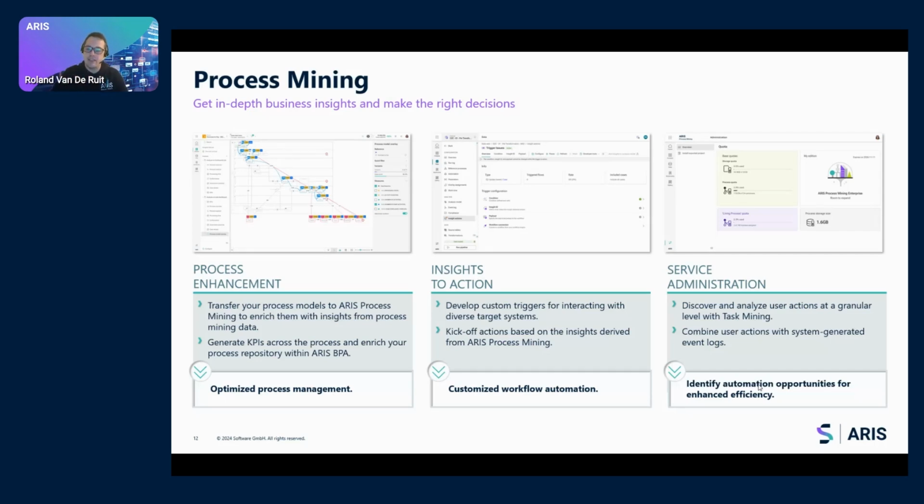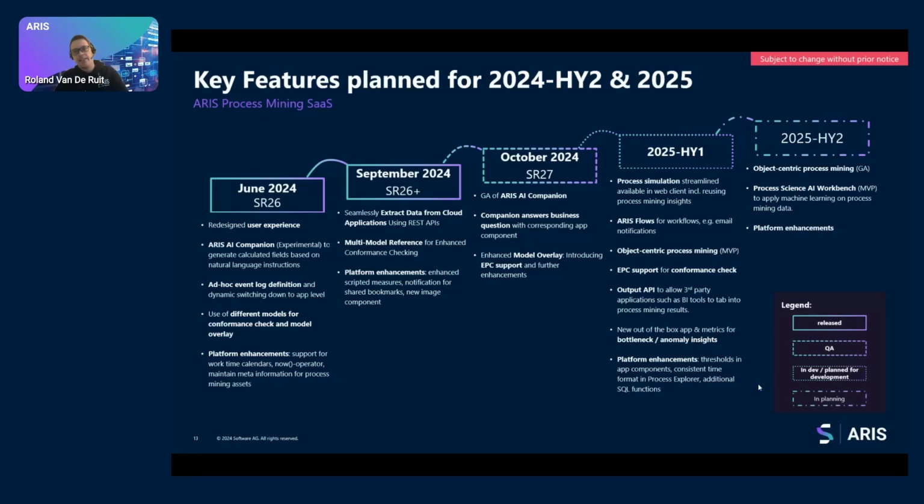I just want to finalize things on the roadmap that we have. Process mining is a very important capability within the ARIS platform, so you will see a lot of developments coming. Some of the big ones I want to highlight is process simulation. You probably already know that ARIS supports simulation. At the moment, it exists in the rich client that we have.